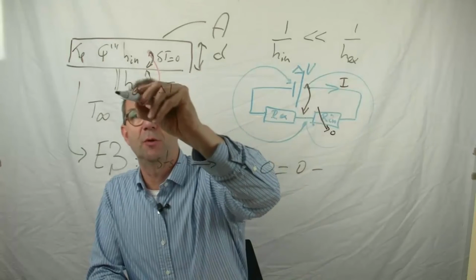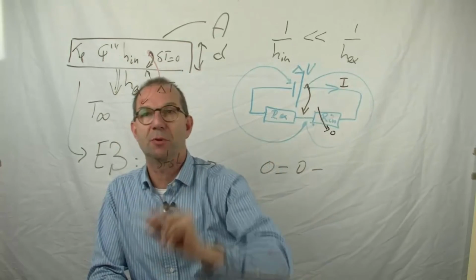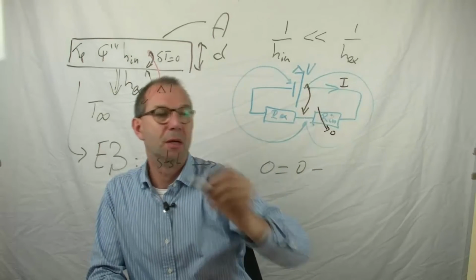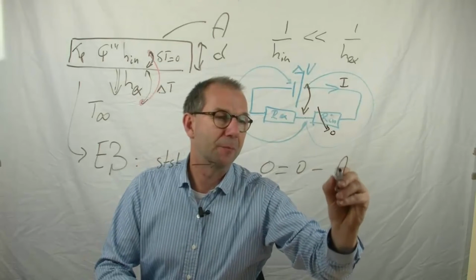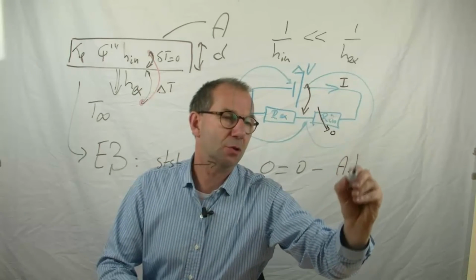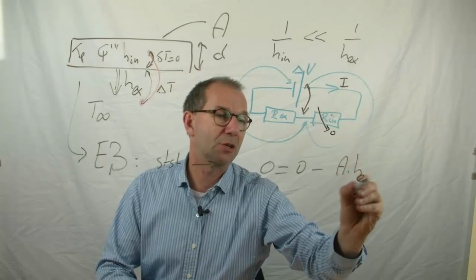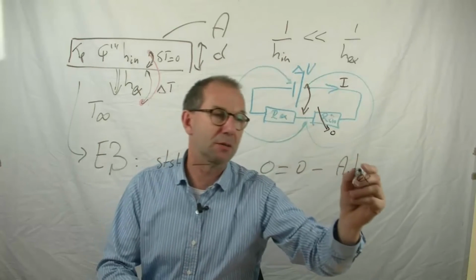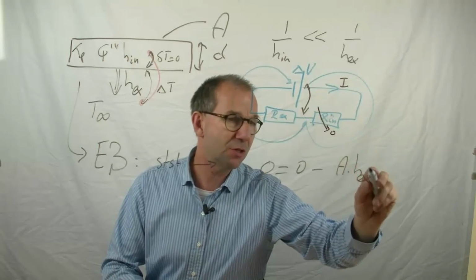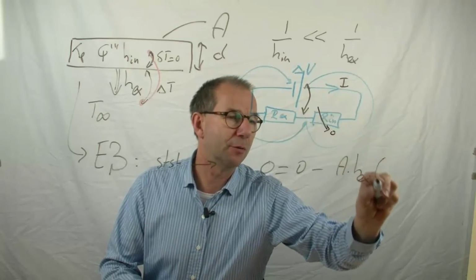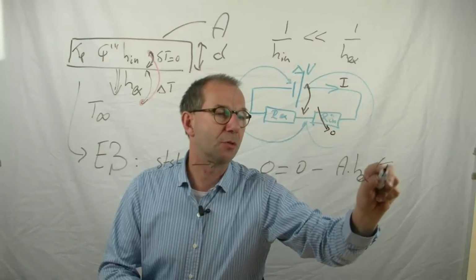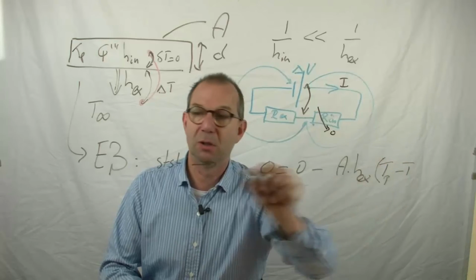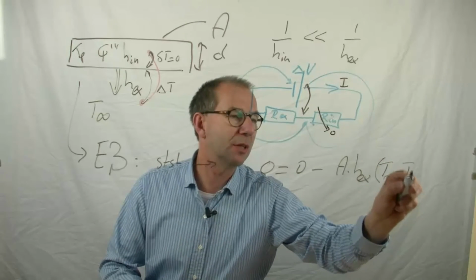Well, there is heat flowing out in a steady state, because by the heat production this is heating up. So area times Newton's cooling law, H external, because the internal doesn't matter, there's no resistance there, times the driving force, which is the temperature of the plate, minus the temperature far away, that's T infinity.